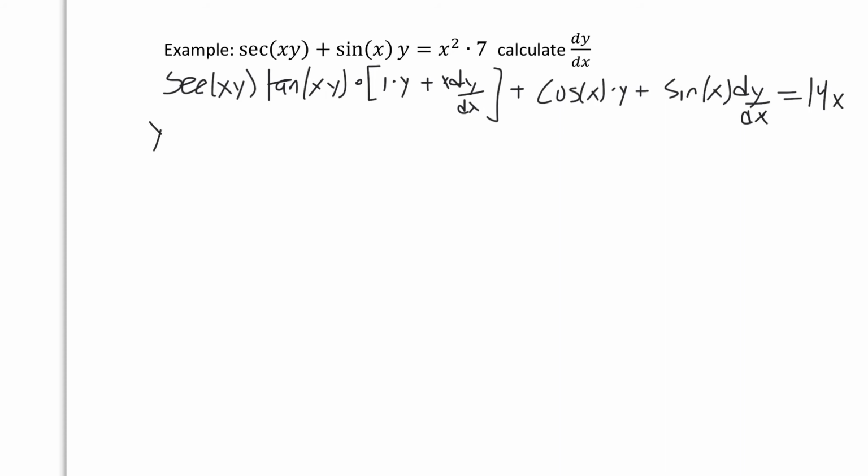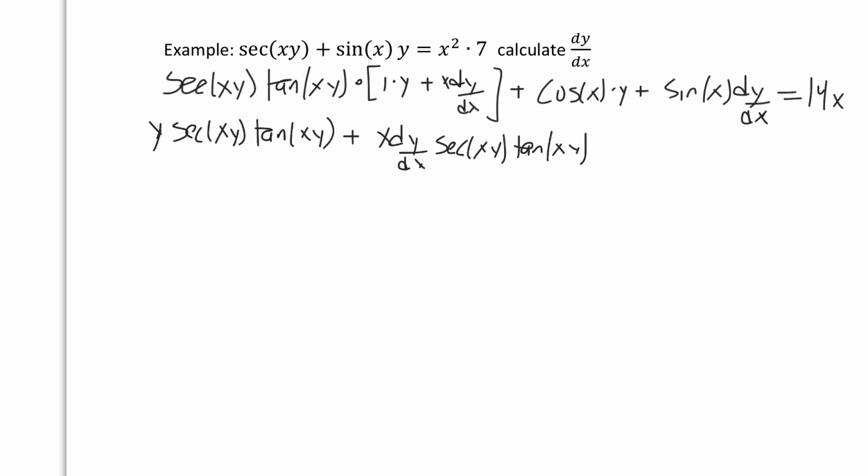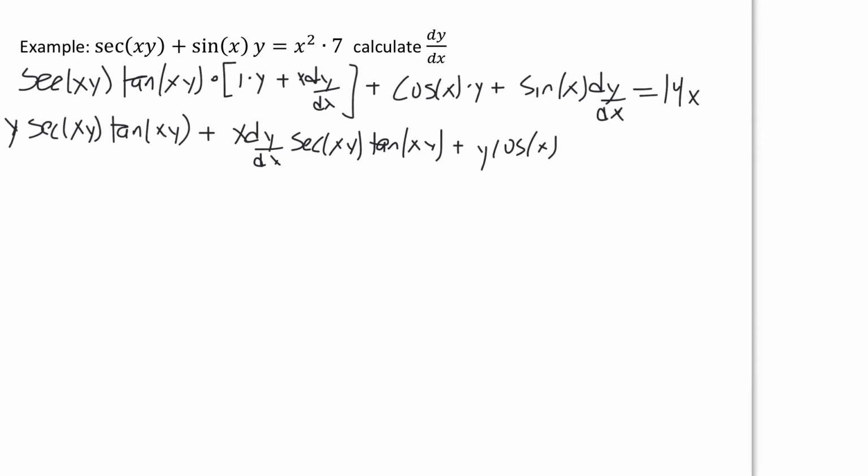So I'm going to write y first as we expand. y secant xy tan xy plus, and we've got x dy/dx with our secant xy tan xy, plus y cos x plus sine x dy/dx equals 14x. All right, we'll move the dy/dx terms to one side and everything else to the other.